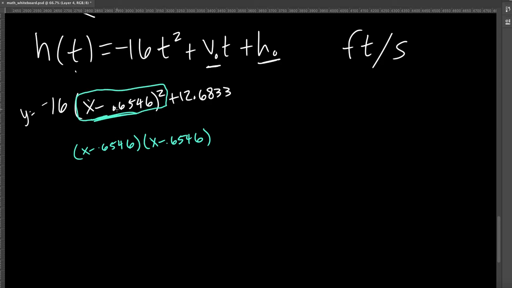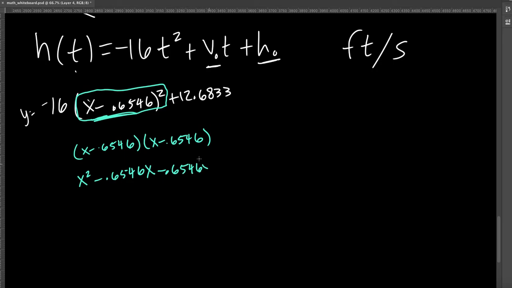But that's the first thing I want to do. So if I square those, I do x times x, and I get x squared. And if I do x times this, I get negative 0.6546x. And if I do this times this, I get actually the same thing.